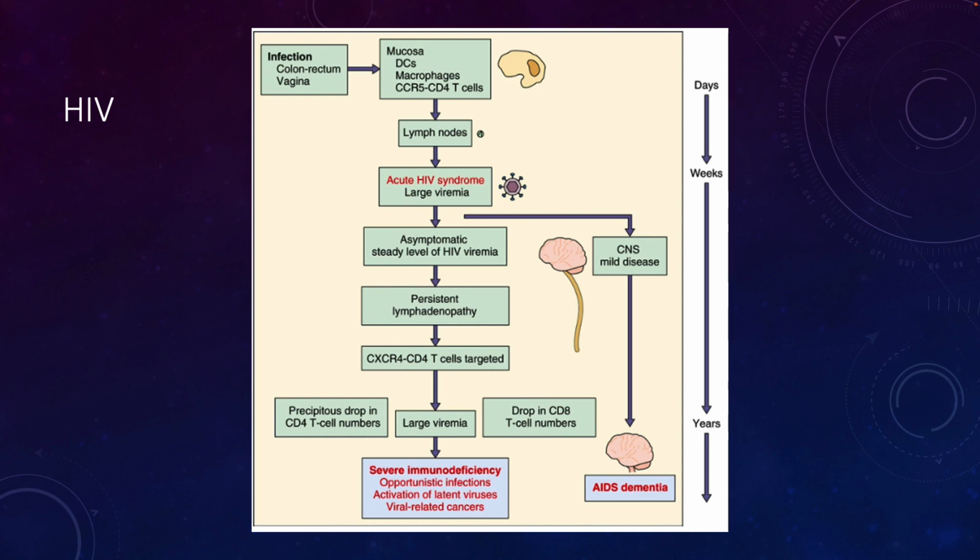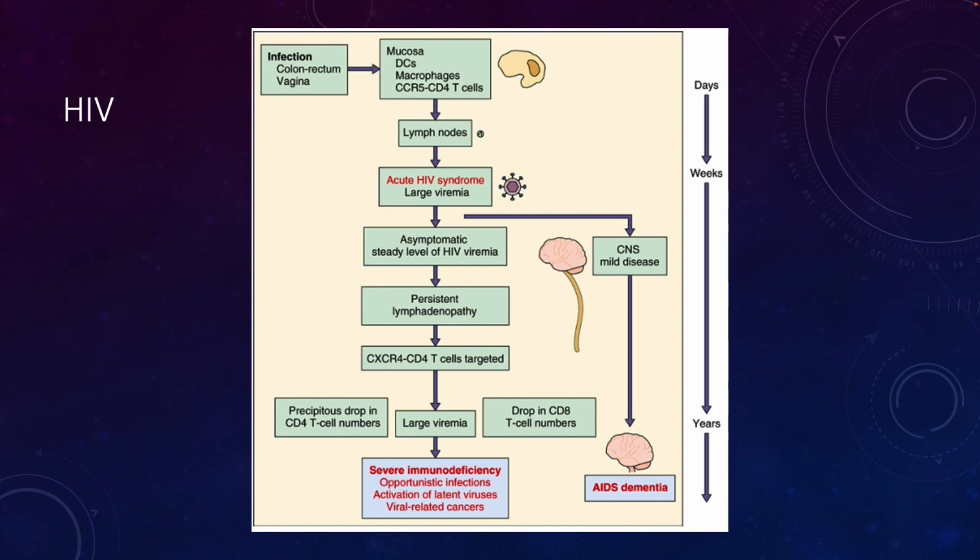This is flu-like symptoms that show up within weeks of the initial infection. Patients will feel sick, but they probably won't know that it's HIV. Rarely, some patients may develop mild disease in the central nervous system, but more likely those flu-like symptoms will resolve and a patient will remain asymptomatic for a very long time with a steady level of HIV in the bloodstream.